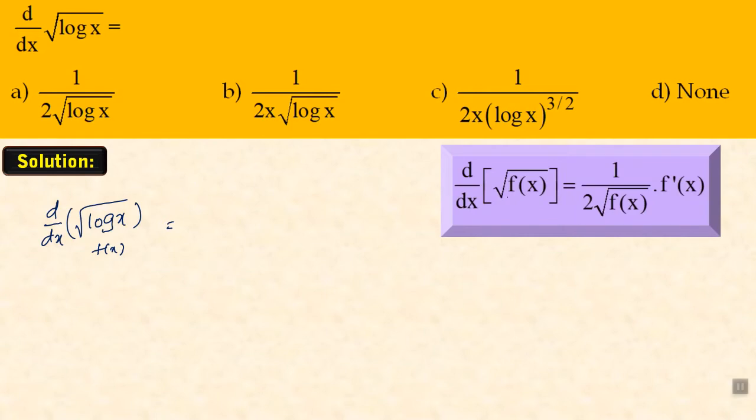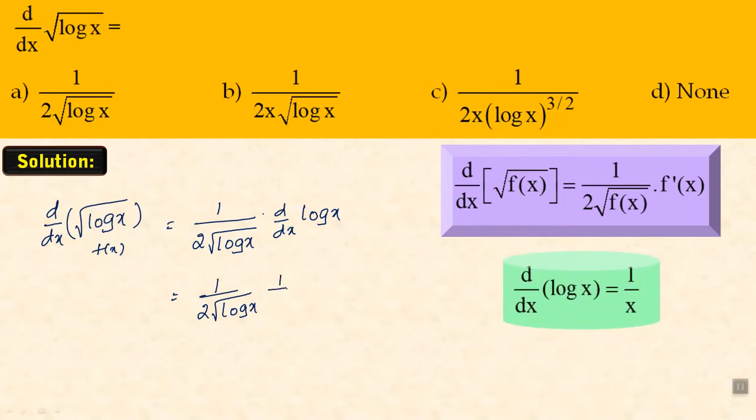D by dx of root f of x is equals to 1 by 2 into root f of x, that is log x, into f dash of x, that is d by dx of log x, is equals to 1 by 2 into square root of log x into d by dx of log x, which is 1 by x. This equals to 1 by 2x into root of log x. Therefore, the answer is option B.